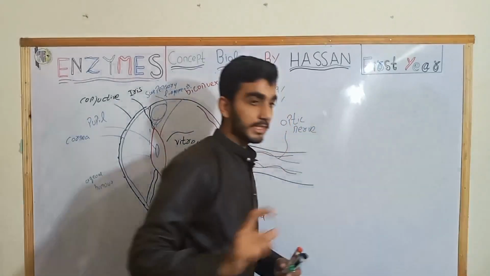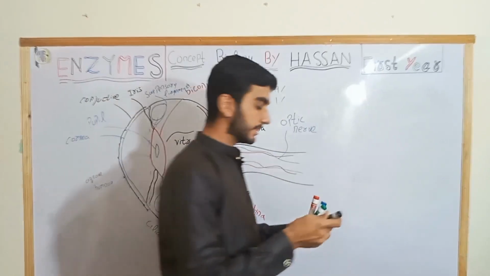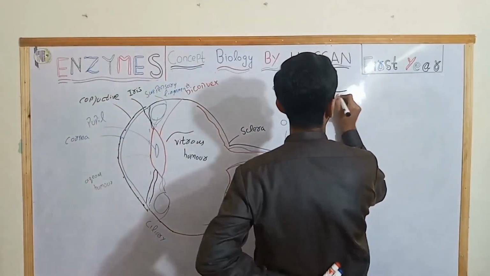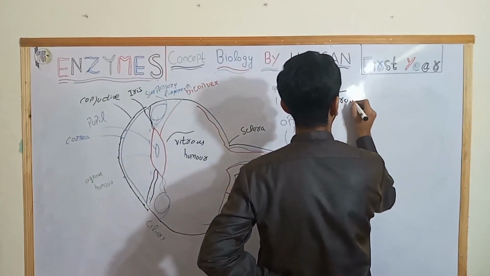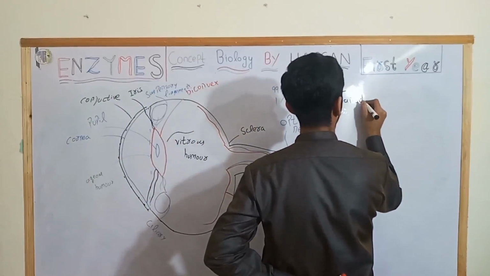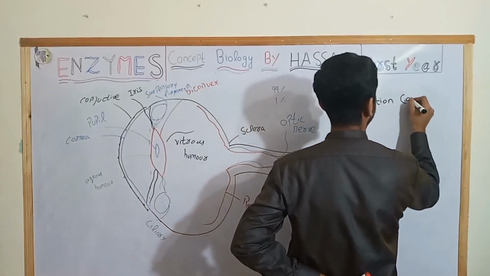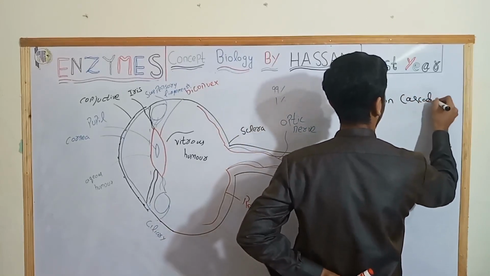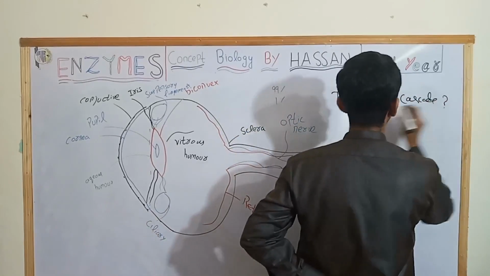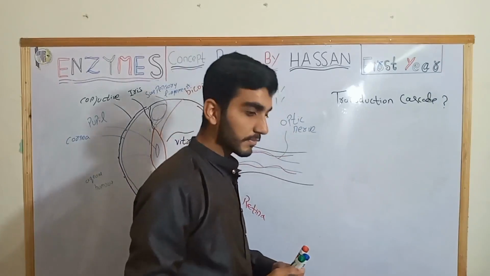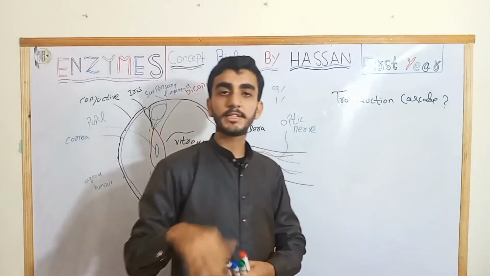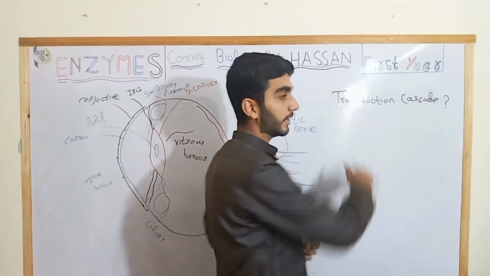The last thing that I want to tell you is the transduction cascade. What is the transduction cascade? You know that the rod cells are sensitive to dim light.